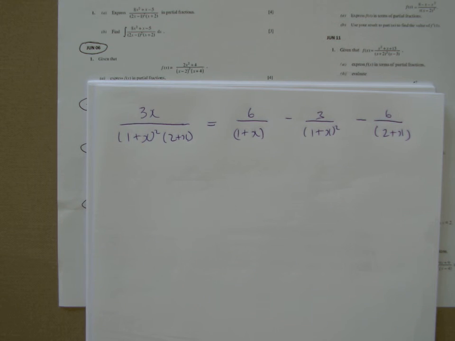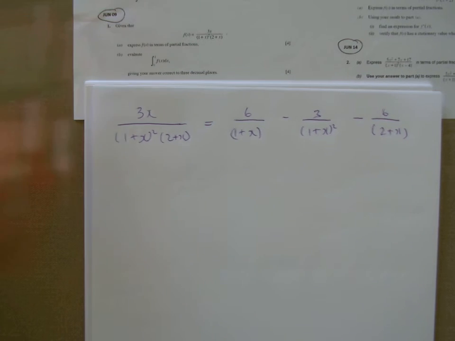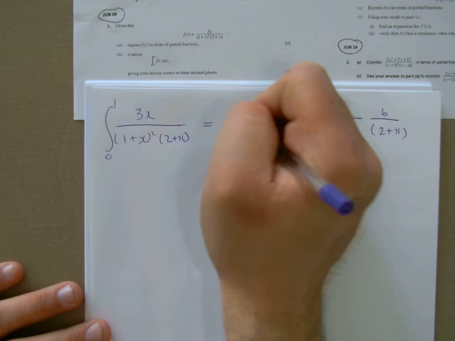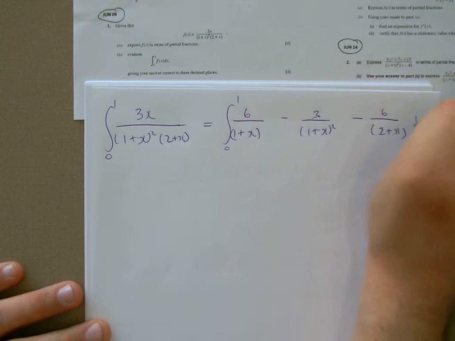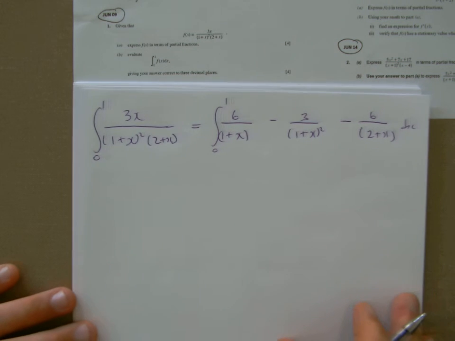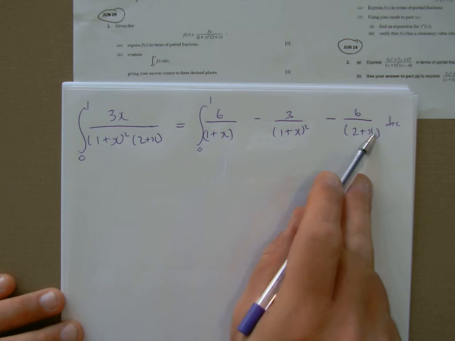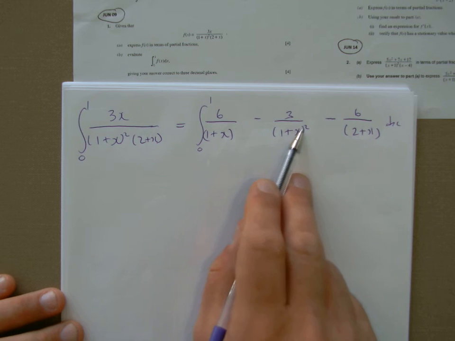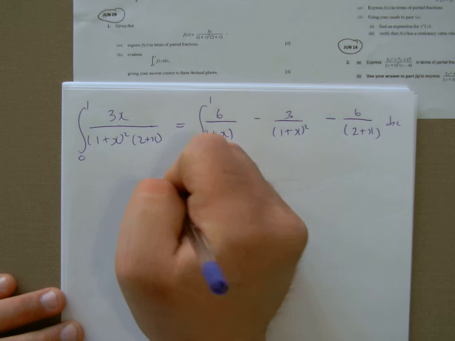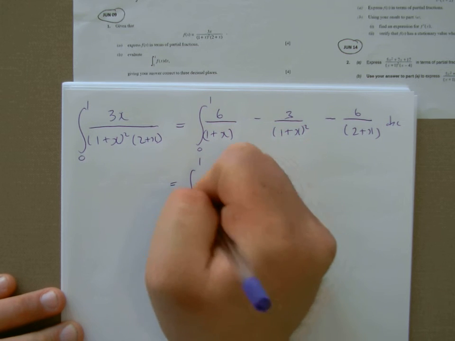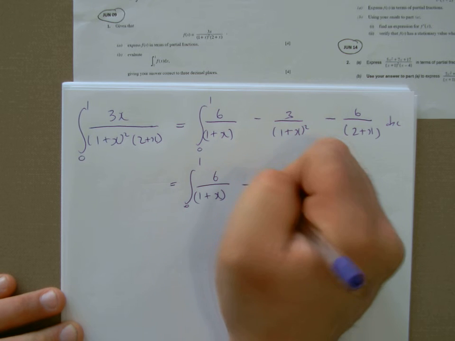Okay, so then it asks us to integrate this, but it asks us to put limits in this time, between 0 and 1 dx. And remember, when we integrate, if it's linear on the bottom, we keep it down there, but when it's a square on the bottom, we take it up. So I'm going to rewrite this, take that one up.